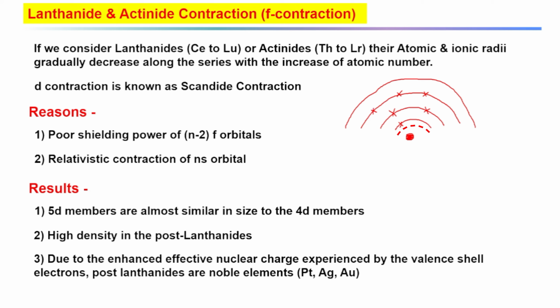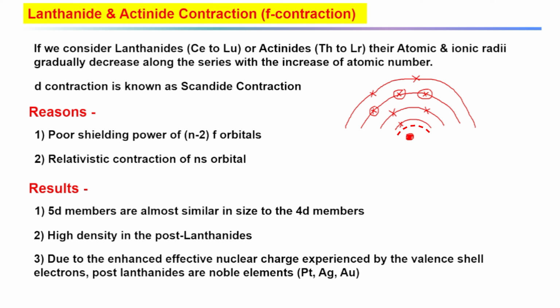Now try to understand the poor shielding power of n-2 f orbitals. Let's suppose we have some electrons here and here. Let's consider these are the f electrons, n-2 f electrons. This positive charge is showing some attraction.